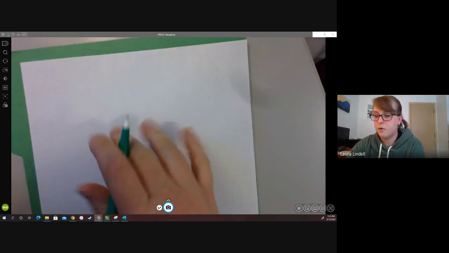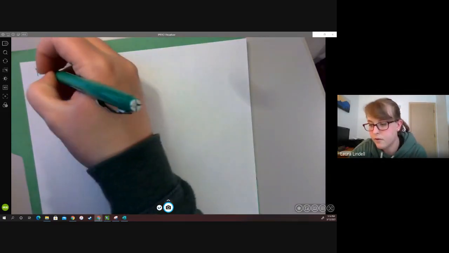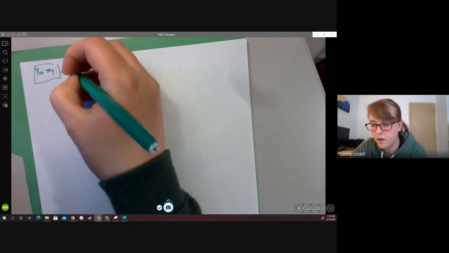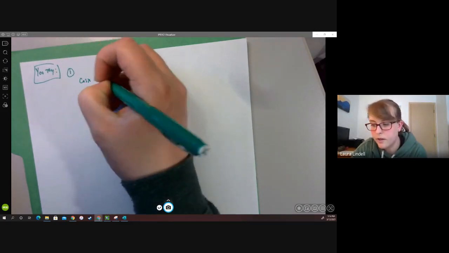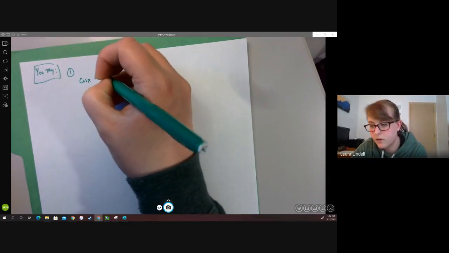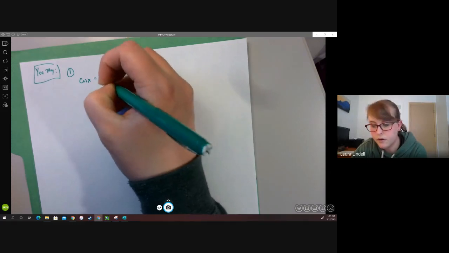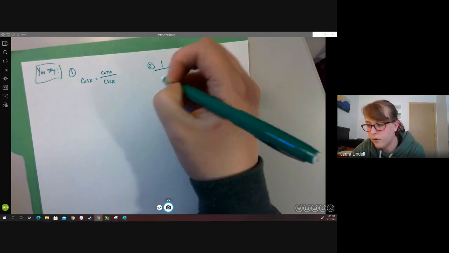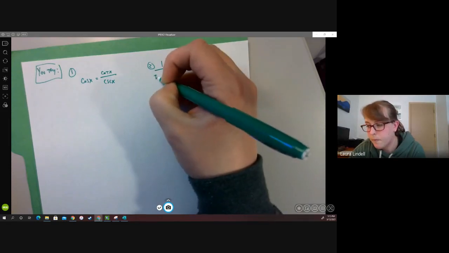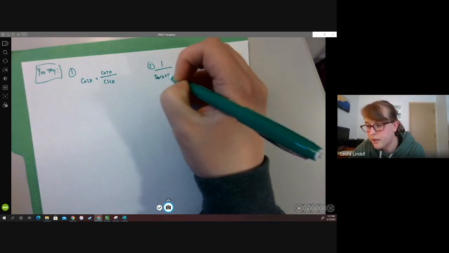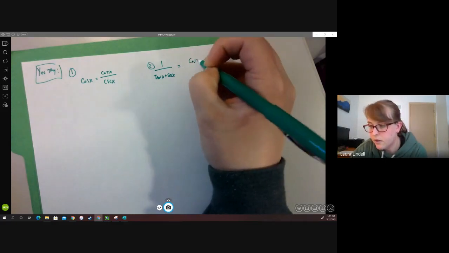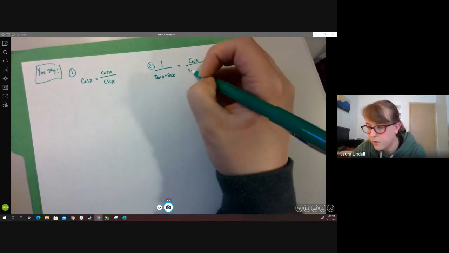All right, so last part here, you try. First one, we have cosine equals cotangent over cosecant. Second one, we have 1 over tangent plus secant equals cosine over sine plus 1.